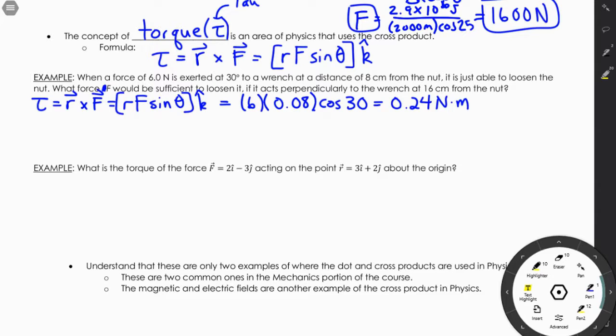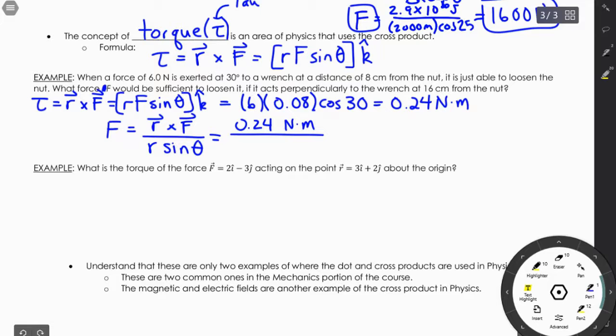And now we're going to take this information and solve for the force required if we apply it perpendicular, now 16 centimeters away. So we're going to solve for F. F is going to be R cross F, or our torque, divided by R sine theta. So R cross F was our answer that we found before.